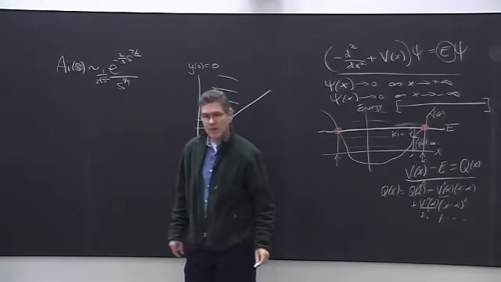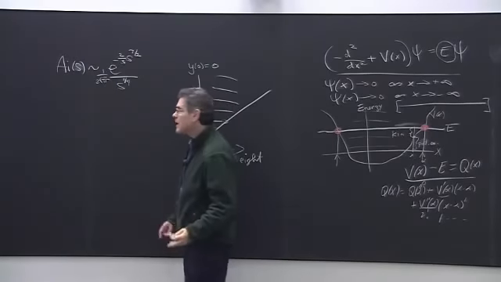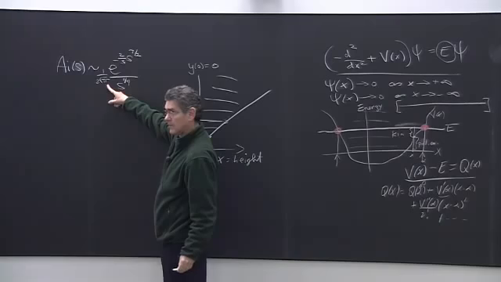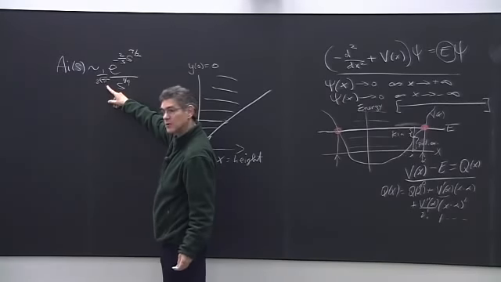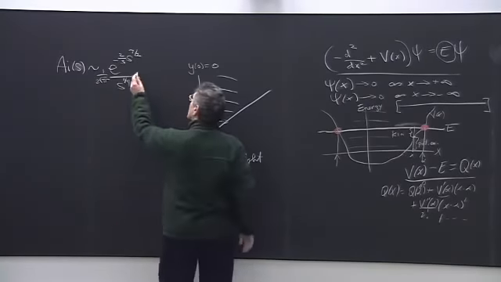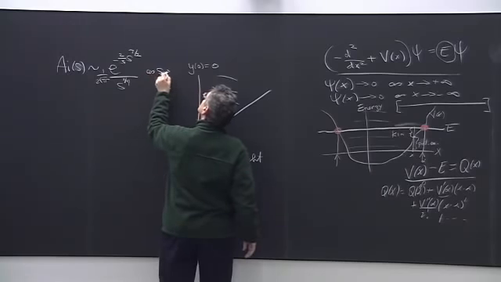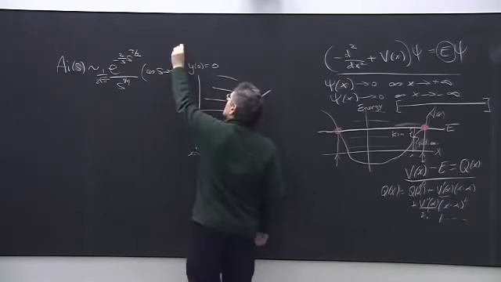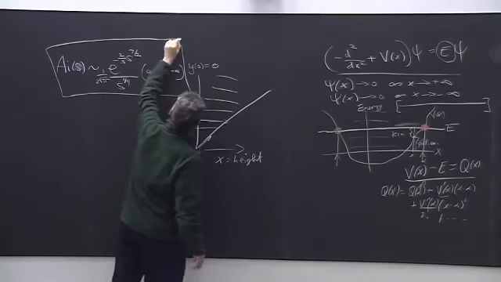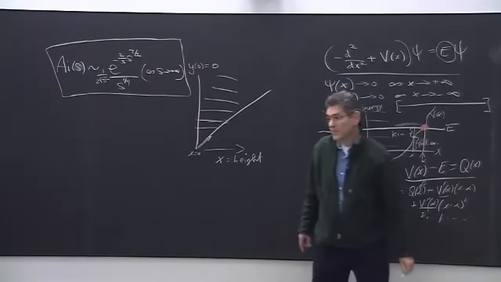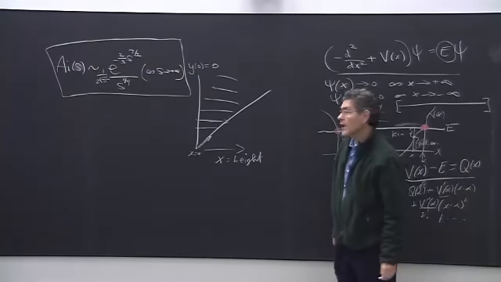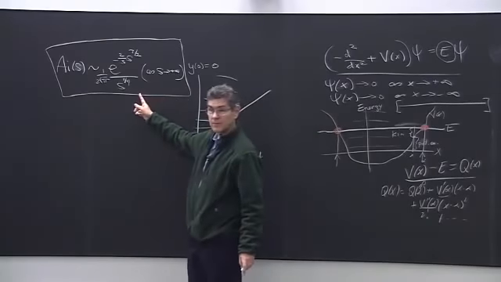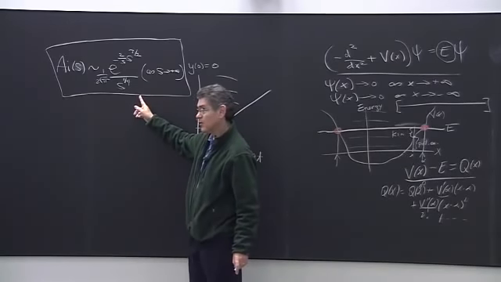The one thing that we have not derived in this class or explained is where that number comes from, but that is a normalization constant. This is valid as s goes to plus infinity. So we look this up in a book, and we find out that that is true. You've seen this result; we've talked about this in class.